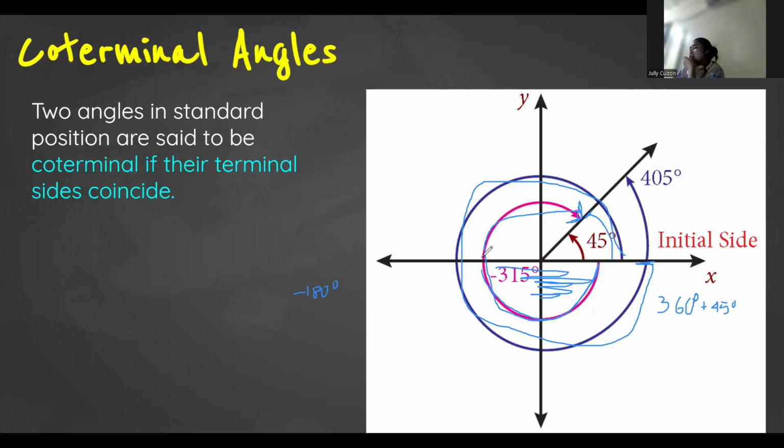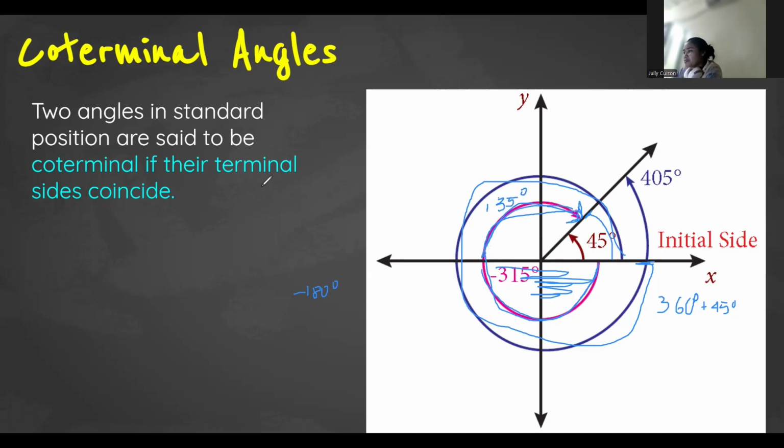And from here going to the terminal, the other half of a circle is 180 degrees. So you just have to subtract 180 minus 45 degrees. So this angle is 135 degrees.